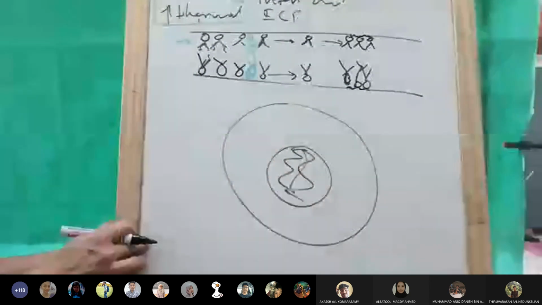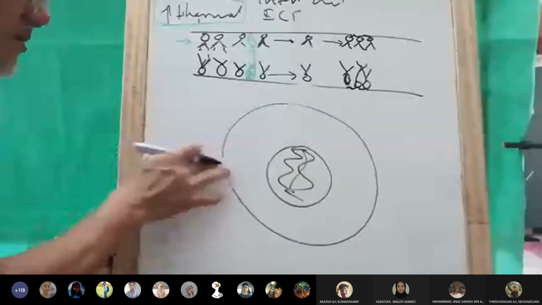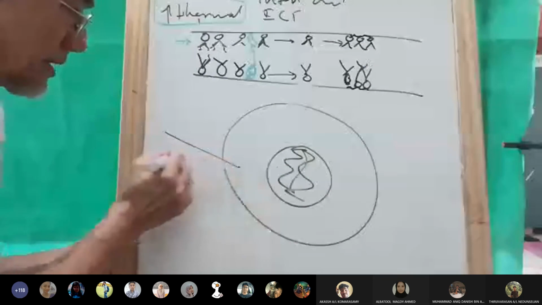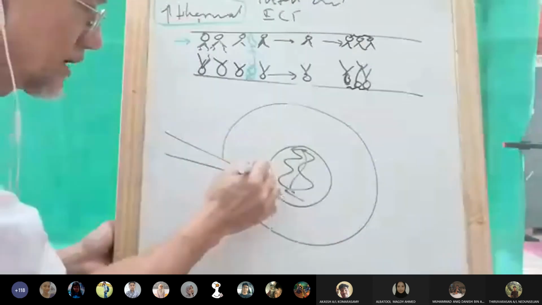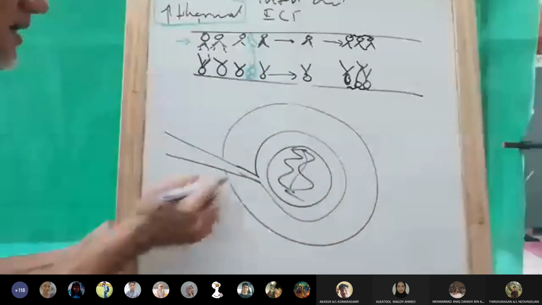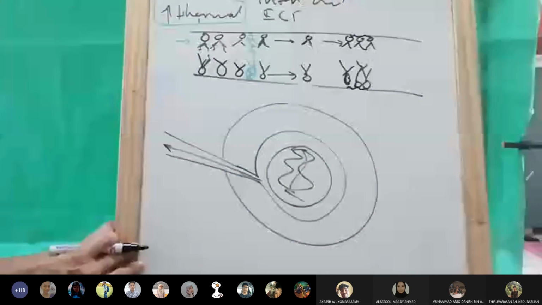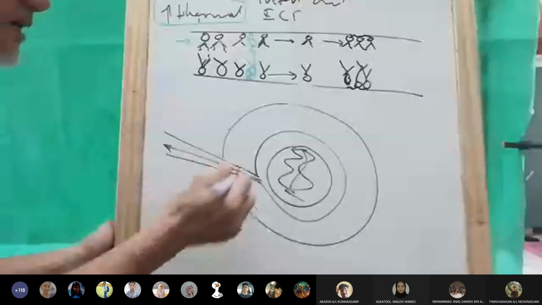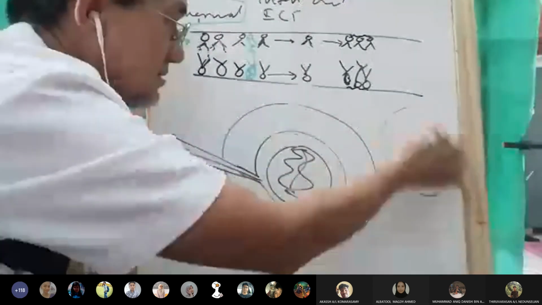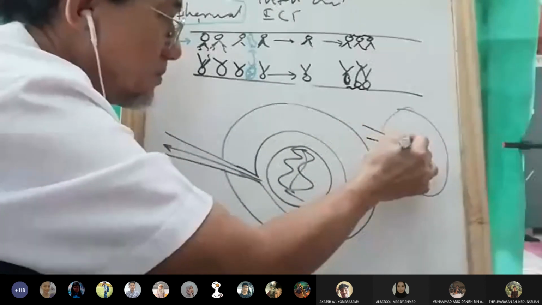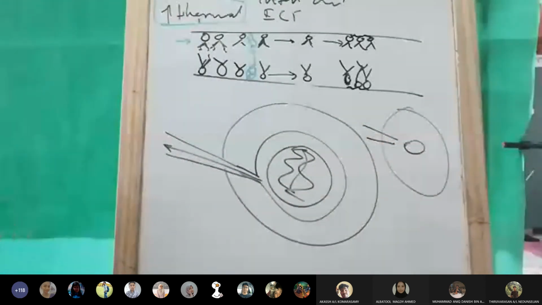The scientists can poke a pipette in to extract the nucleus, draw it out, then move to another cell and implant it in the new cell. This is what the experiments did.